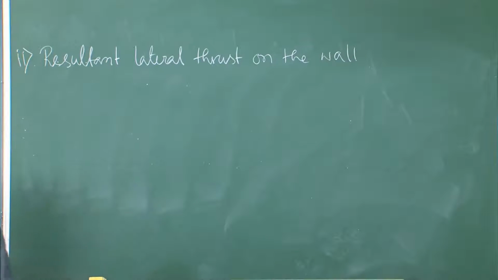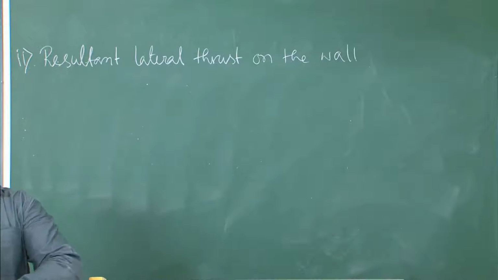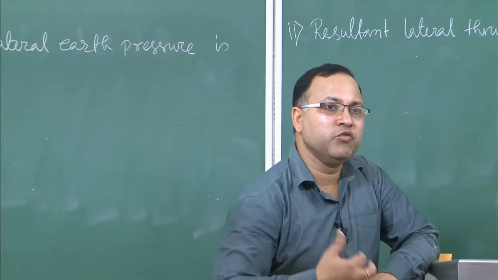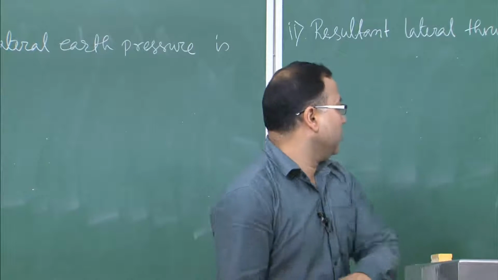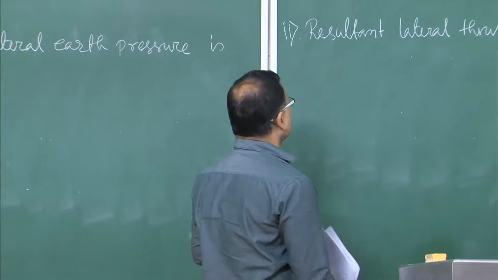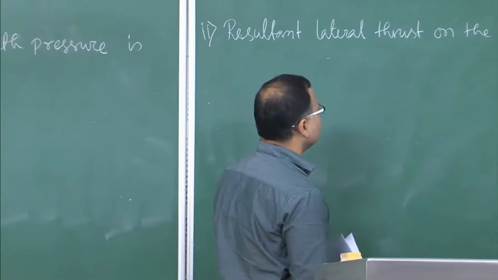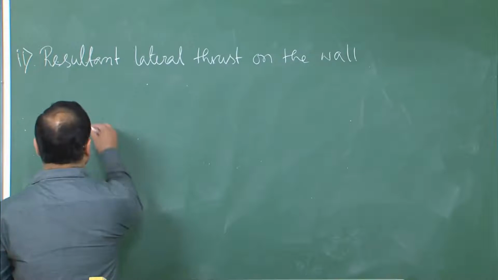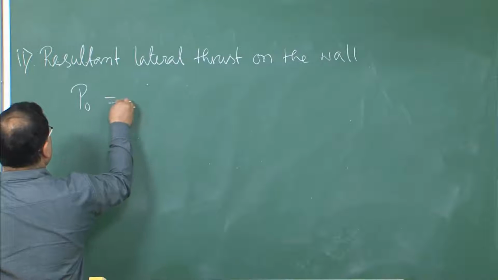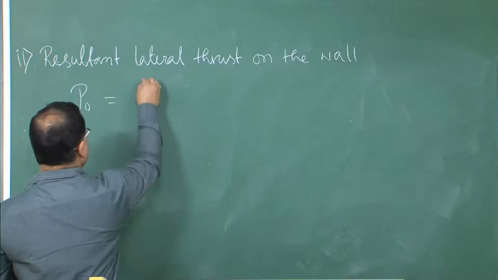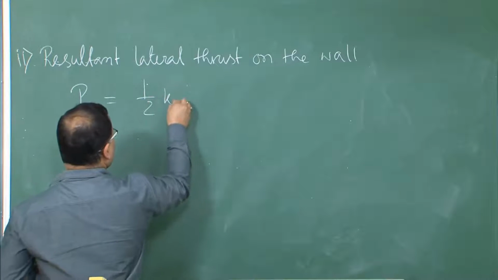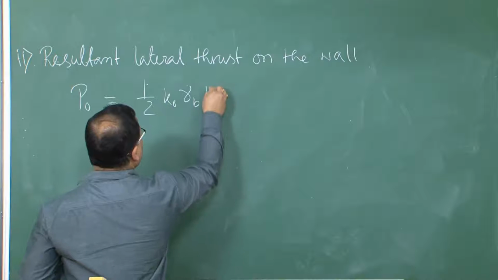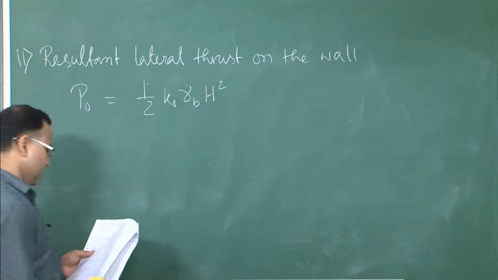Because in one direction, that is normal to the board, your wall is having infinite length. So, per unit width, the resultant lateral thrust on the wall will be coming as P naught, that is the total thrust, is equal to half K naught gamma H square.